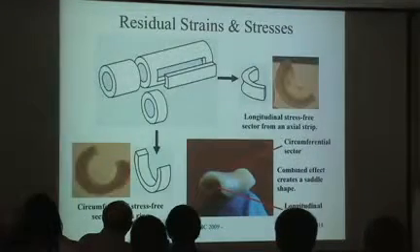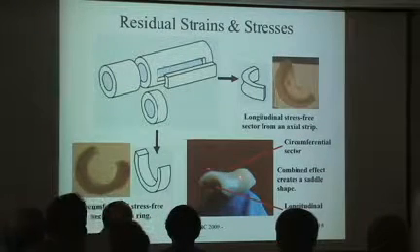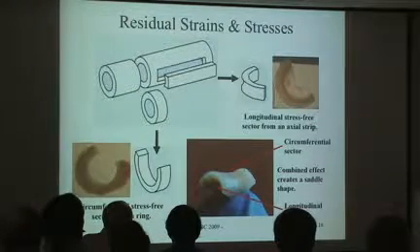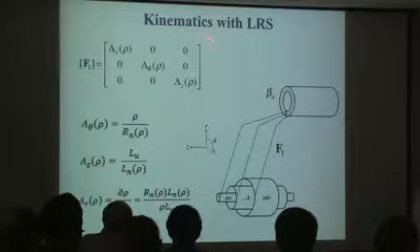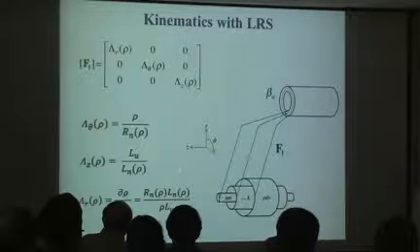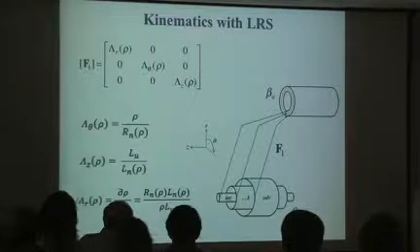And so our results show clearly, though, that the axial stretch cannot be a constant across the wall. And so we introduced a new kinematic approach to incorporate this radial dependency of the axial stretch.